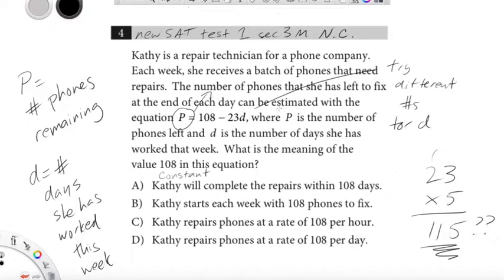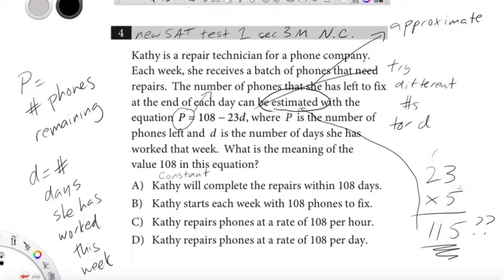But they do say in the question that the number of phones she has left each day can be estimated with this equation. So they can get away with it because they say estimated. It's similar to questions that say approximately. If the answer is asking for the approximate answer, then it doesn't have to be exact, of course.